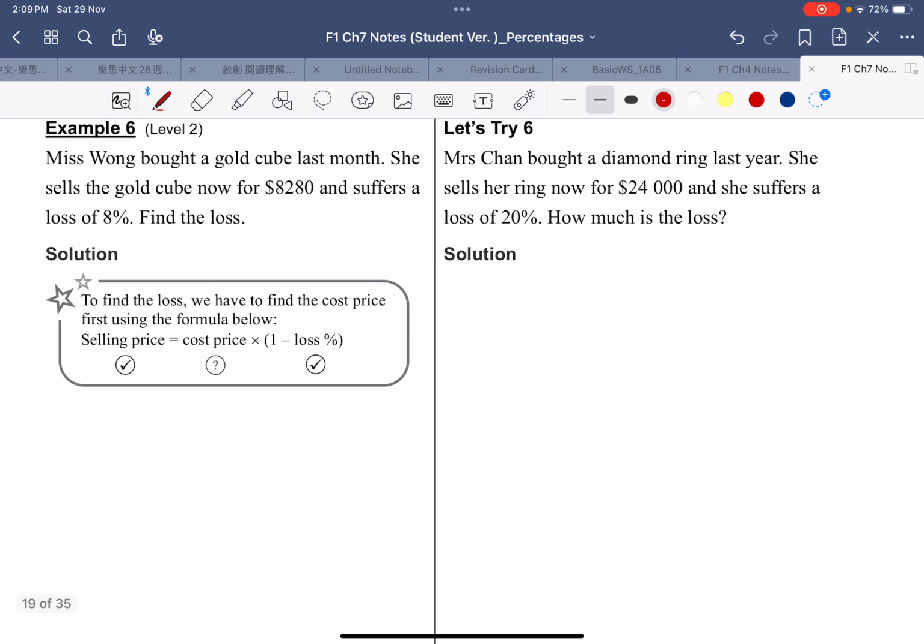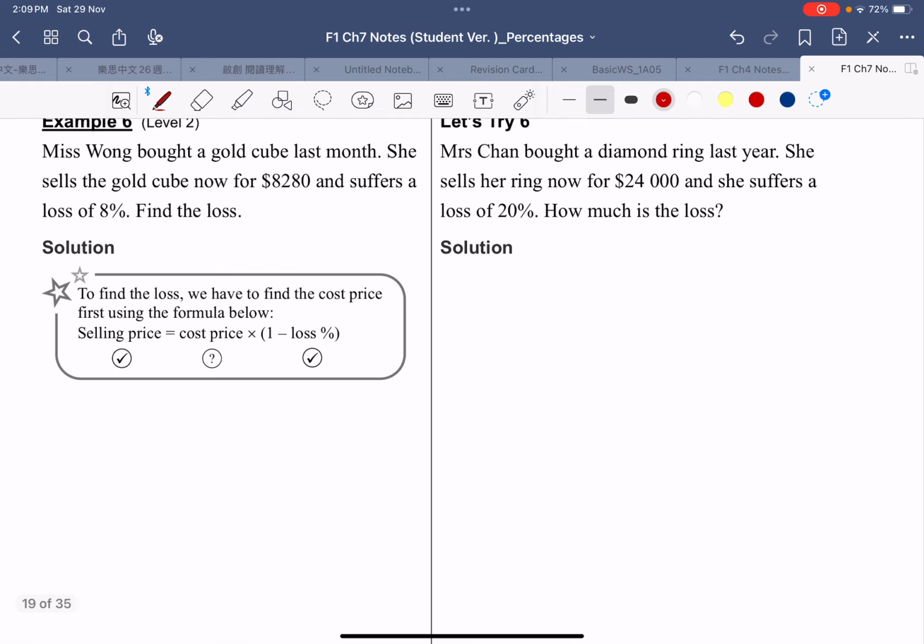And then again, you may let, you may not, depends on how good you are in math. So you can let X dollar here be the cost of the good cube.